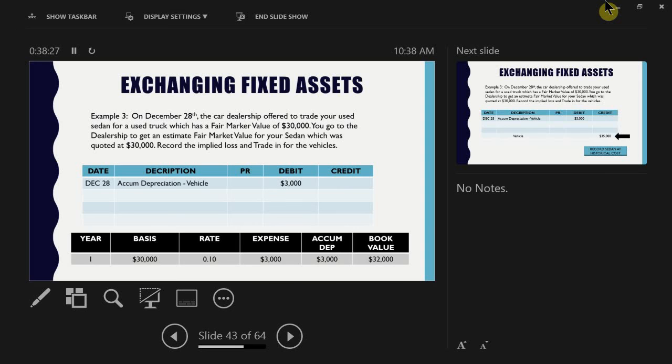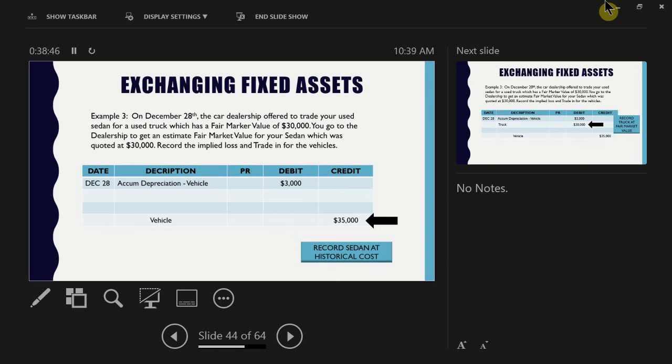Well, you're going to recognize one thing, which is the accumulated depreciation for your asset, which was $3,000. Because we're still December 28, we're still within the year, at the end of the year, we need to put that number in there first. And we also have to put the original price that you purchased your vehicle for as of January 10.